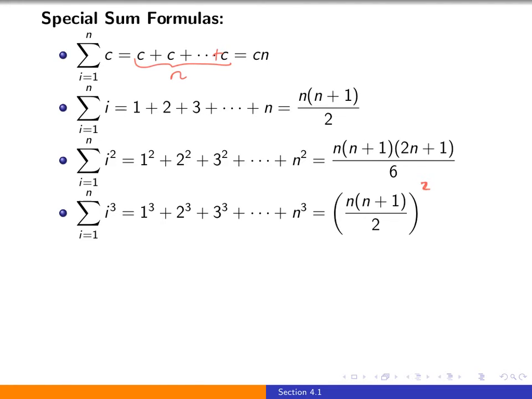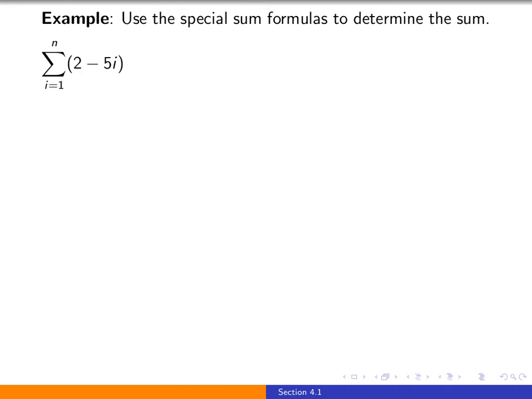So let's look at a few basic examples. And these are things that we may encounter in the future when evaluating, let's say, definite integrals using the definition. So let's use our special sum formulas to determine the following sum. The first thing I'm going to note is that we can use some of the basic properties that we encountered in the previous video.